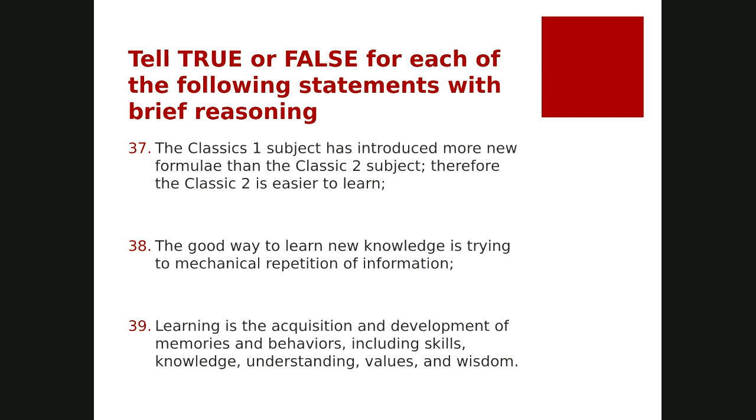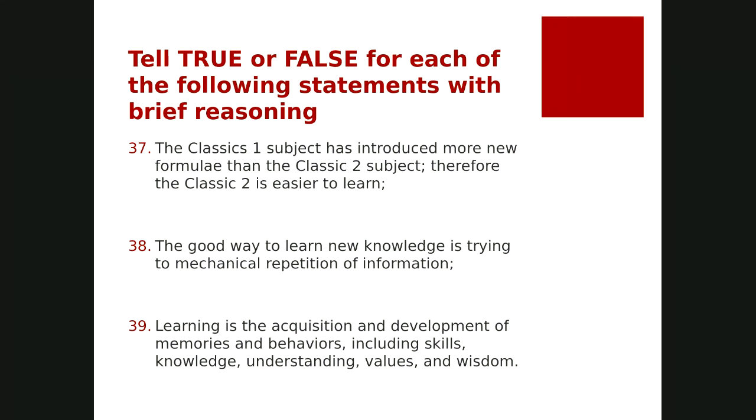Now, number 37, the Classics 1 subject has introduced more new formulae than the Classics 2 subject. Therefore, Classics 2 is easier to learn. That's why we get frustrated, because most of the Classics 1 formulas we already learned from formula and advanced formula. So it's very easy for Classics 1, unless you introduce some new concept, like understanding the six divisions or qi dynamics.